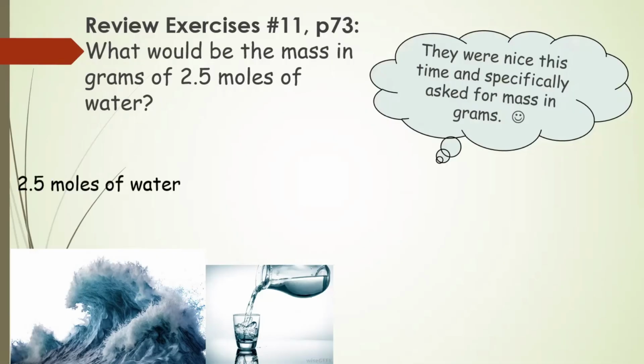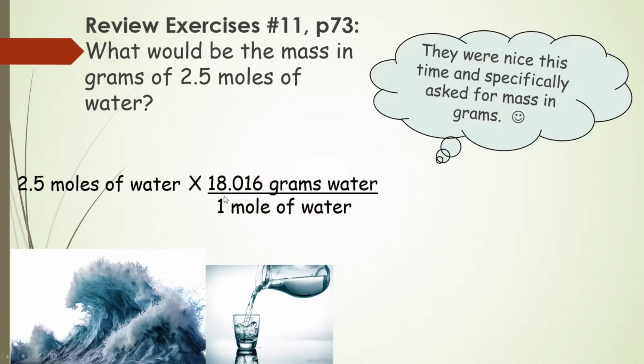So we're going to multiply our 2.5 moles of water times 18.016 grams of water in 1 mole of water. That's just adding the molar mass of 2 hydrogens and 1 oxygen together: 16.00 plus 1.008 plus 1.008.